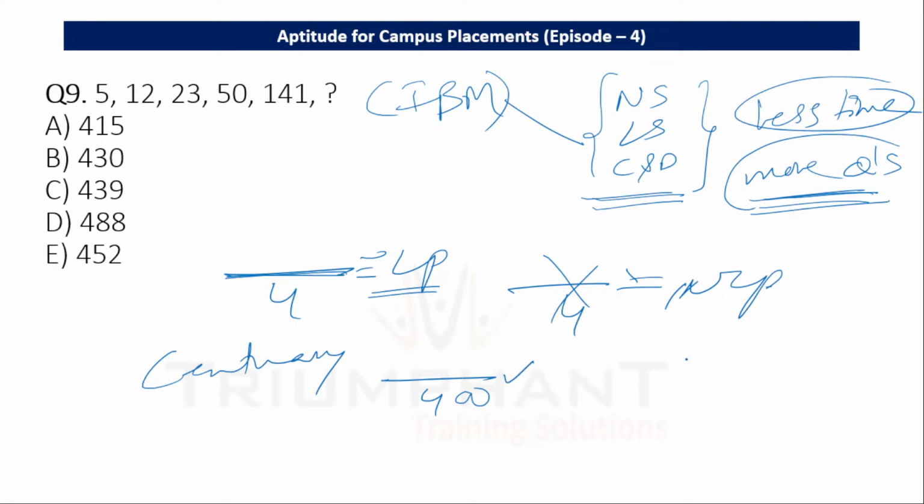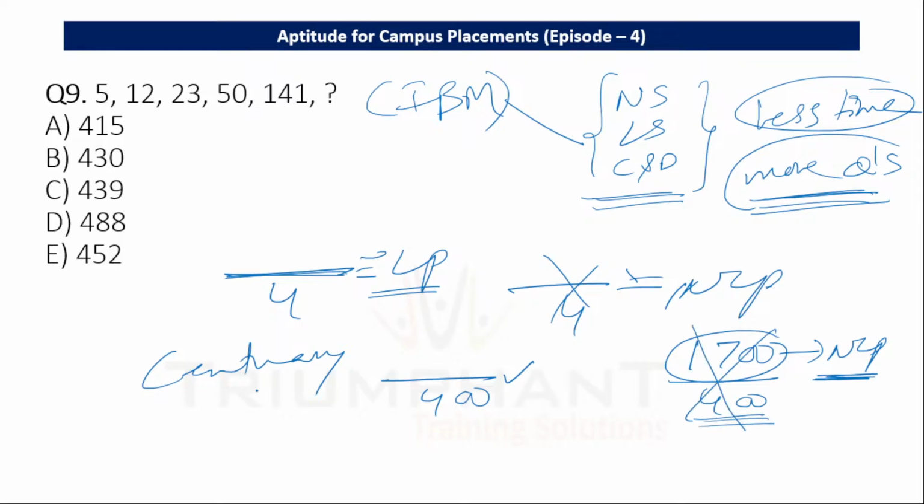Otherwise, it's not a leap year. For example, year 1700 is not a leap year, it is a non-leap year, because being a century, it has to be divisible by 400. But since it is not divisible by 400, it's a non-leap year. But other than a century, let's say 1896 is a leap year because it is divisible by 4. 2010 is a non-leap year because it is not divisible by 4. I hope you understood, Anudeep.